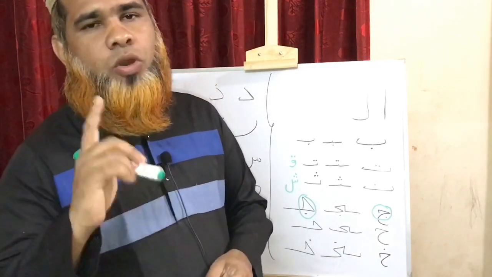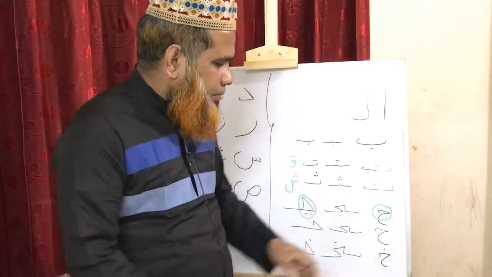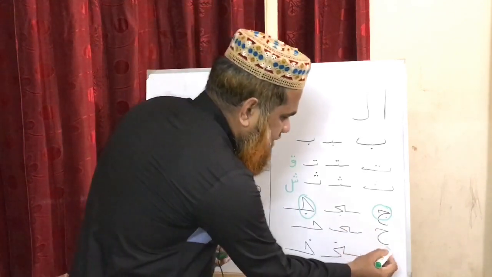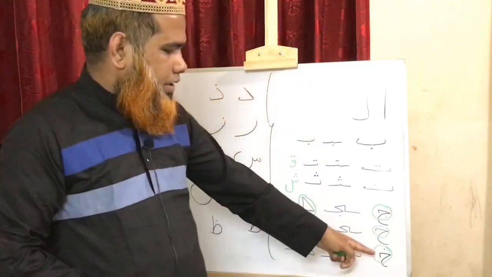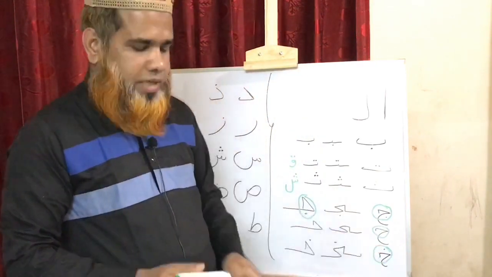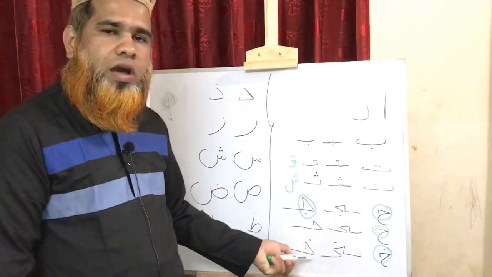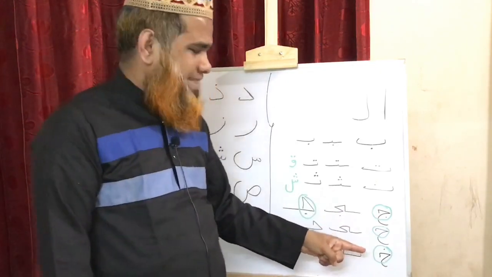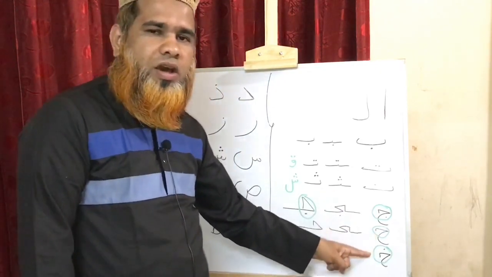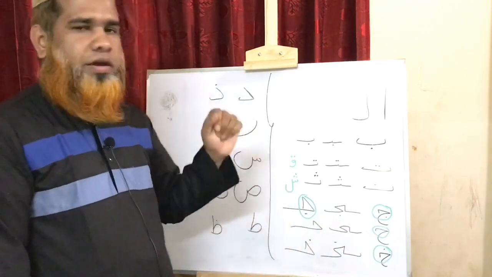Kha has one dot at the top. Look, the shape is almost the same as ha and jim, but kha has one dot at the top. Let's say it. Kha, kha, kha. You have to practice it more, but please don't get scared. Kha, kha, kha.